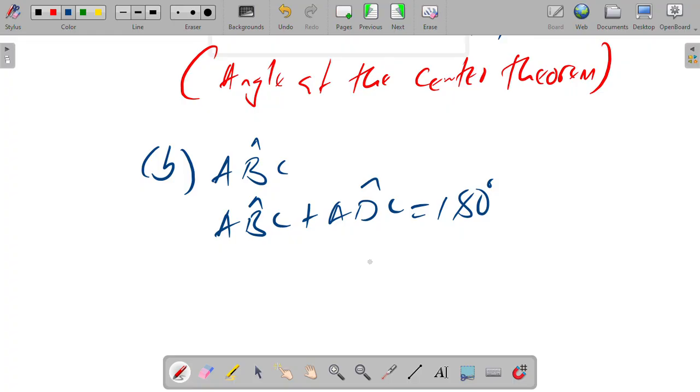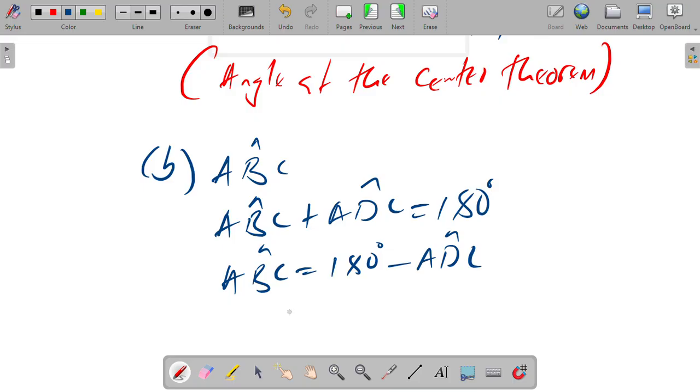That is what it means they add up to 180, or they're supplementary. Okay, so this is how you go about it. So you say ABC is equal to 180 degrees minus ADC.